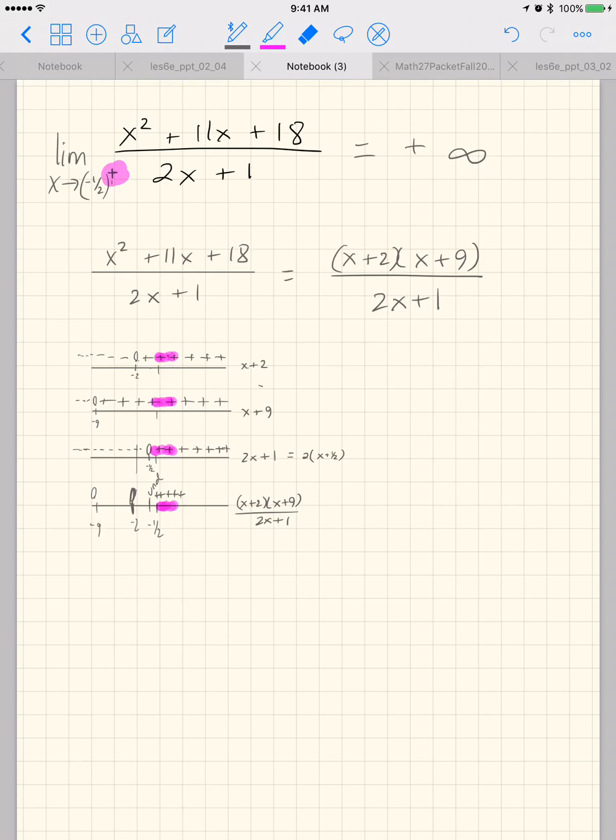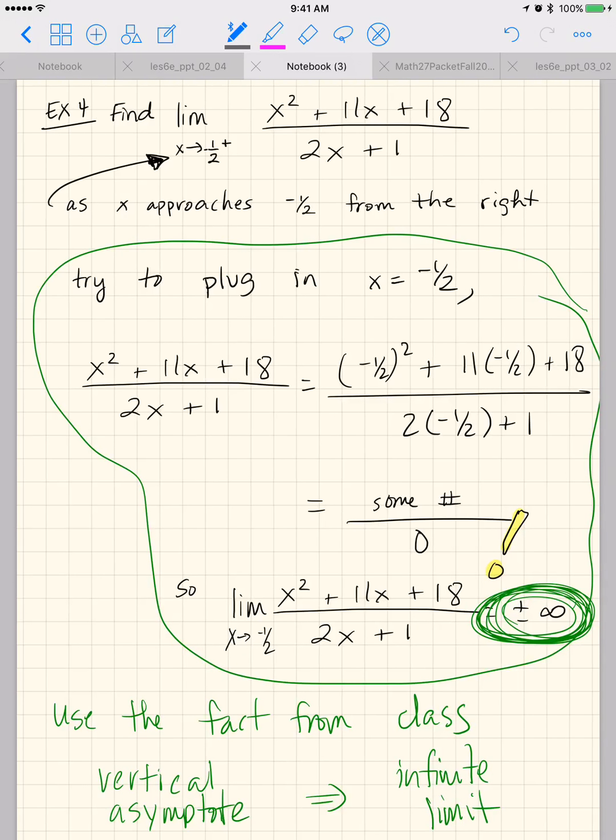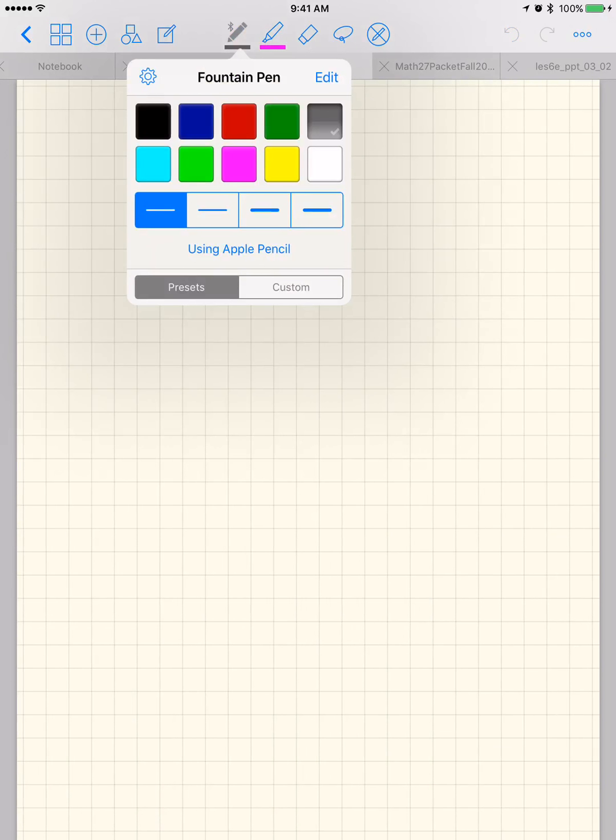Let's do another one. I want to do another example. Example 5, which is the limit as x goes to 0 from the right of x minus 4 over x squared minus 3x.